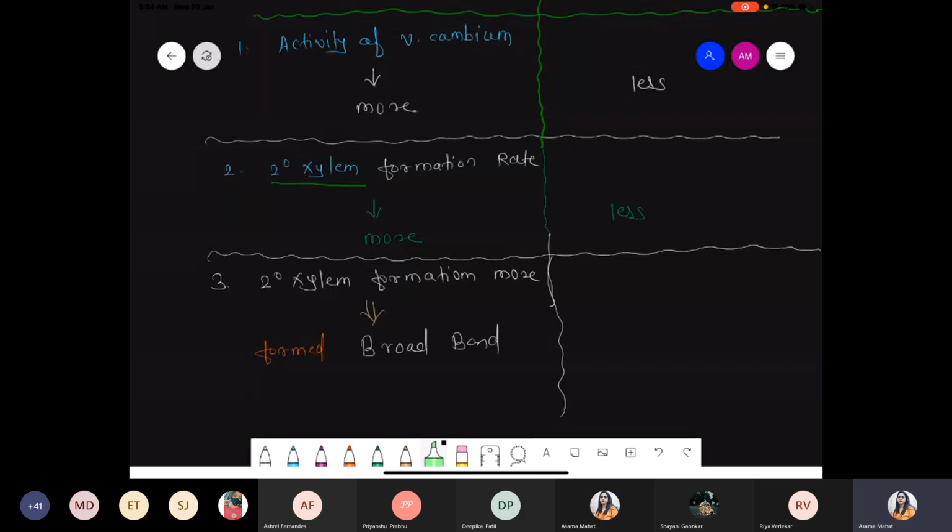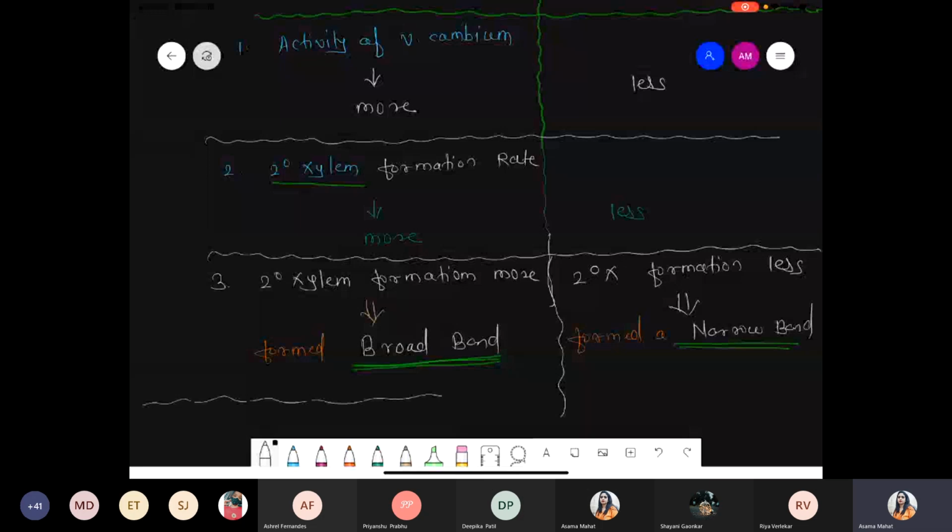Please underline this word. We'll repeat this part. ठीक है, ये broad band form करेगा. And now what happened? Secondary xylem formation rate is less, and if it is less, it means they simply form a narrow band. Narrow band. ठीक है?